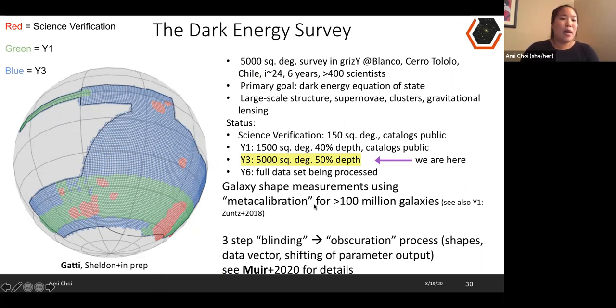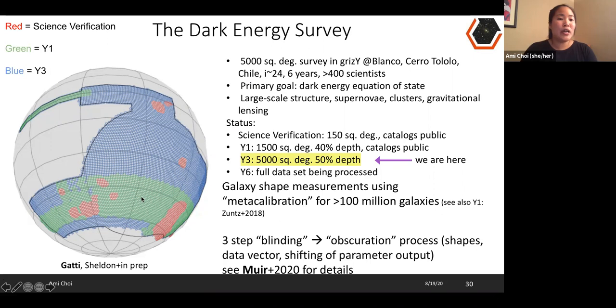And there's a map here of the footprint of DES, which is in the southern hemisphere, showing the comparison between the area used for the science verification data, that's in red, that was 150 square degrees, and the catalogs are public. And then the last iteration of DES was all the data taken through the first year of observing, denoted as Y1, and that's 1,500 square degrees.